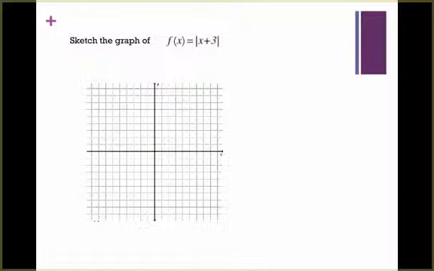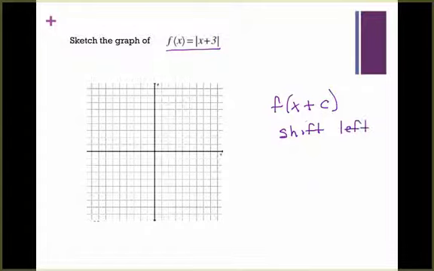Now, what about the graph of y equals the absolute value of x plus 3? So this time we have the plus 3 inside of our absolute value, which is similar to having it inside of parentheses. Well, remember also that we talked about that if you have f of x plus c, that's going to be a shift to the left.